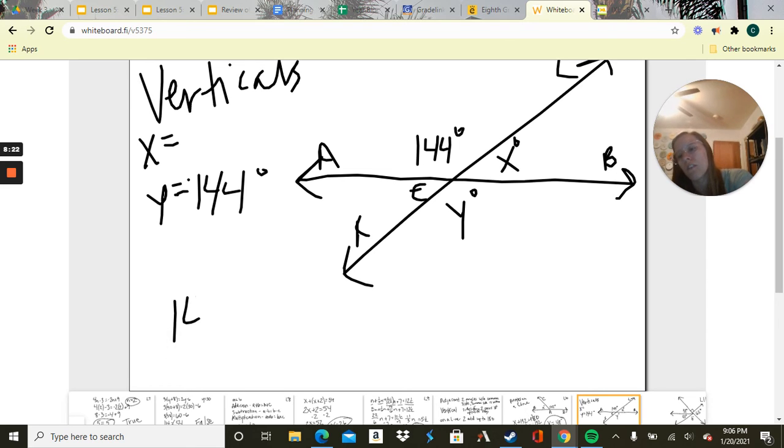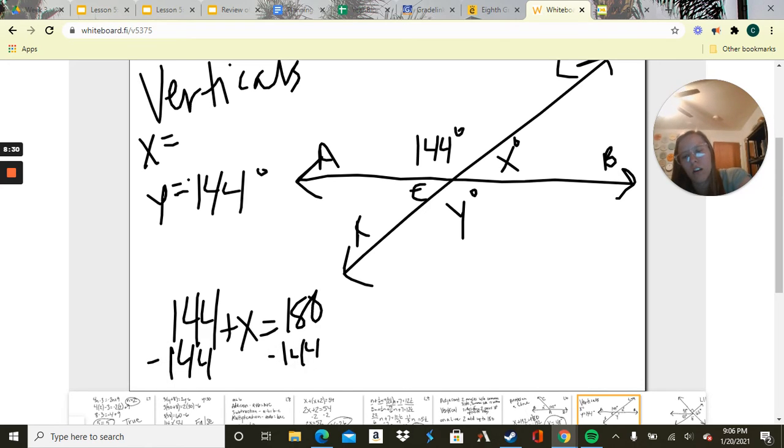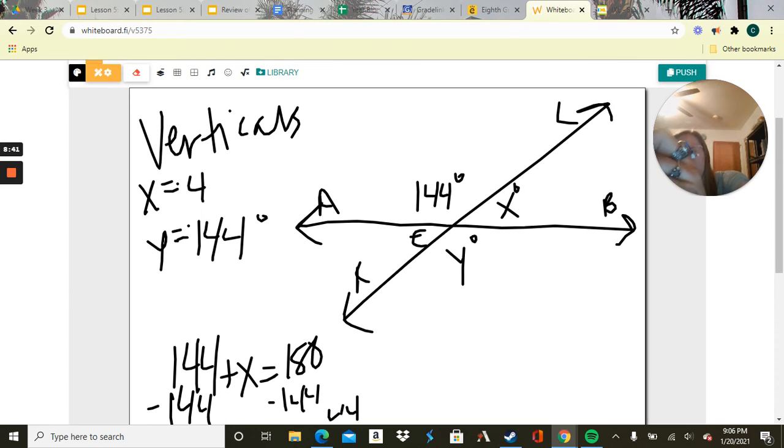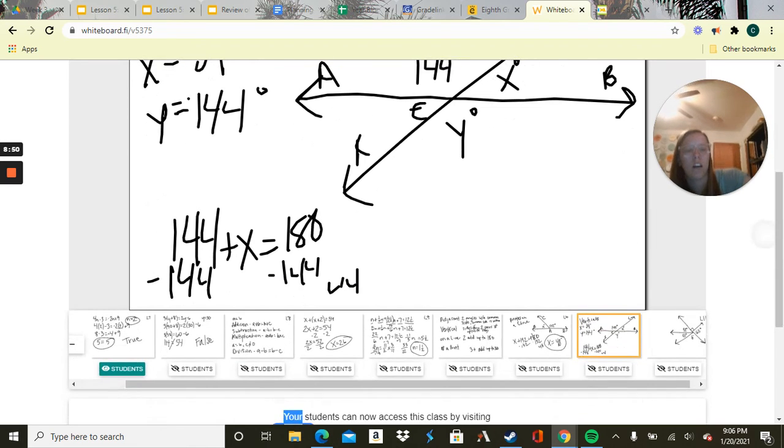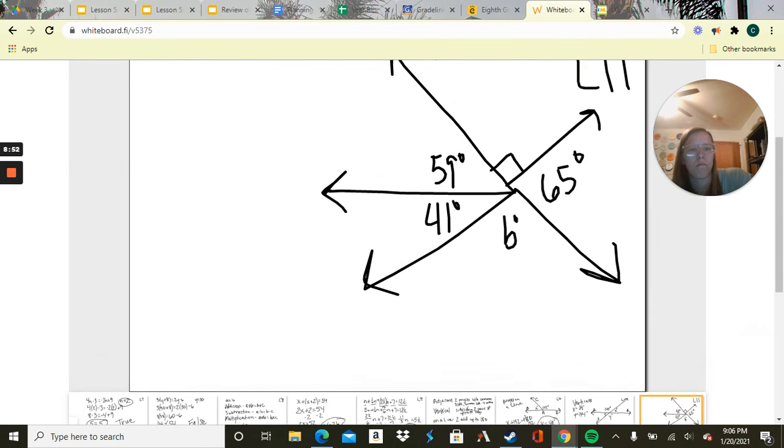Okay, so if 144 plus x equals 180, subtract 144, and x equals 34 degrees.